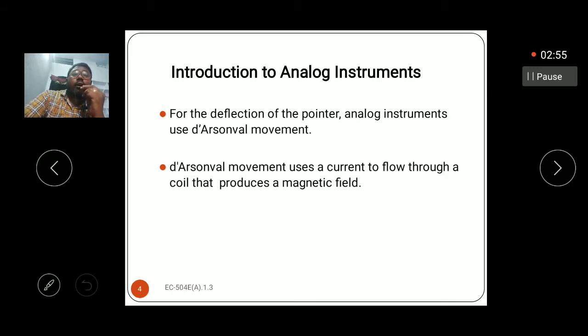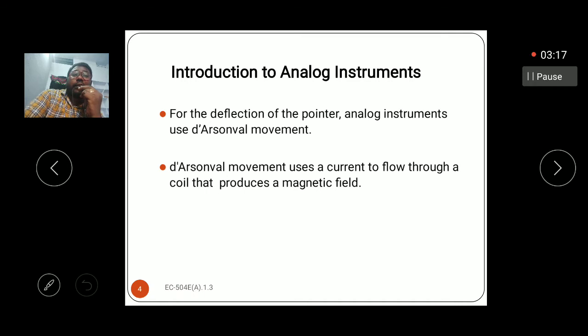We follow the D'Arsonval movement in the galvanometer and the PMMC meter. The D'Arsonval movement uses current flowing through a coil, which produces a magnetic field.